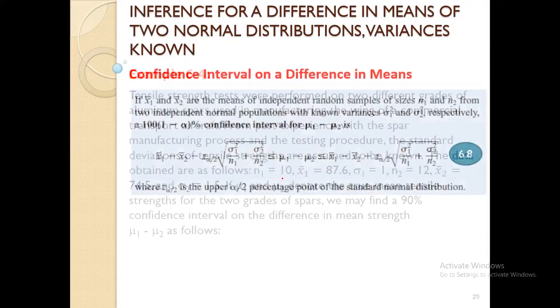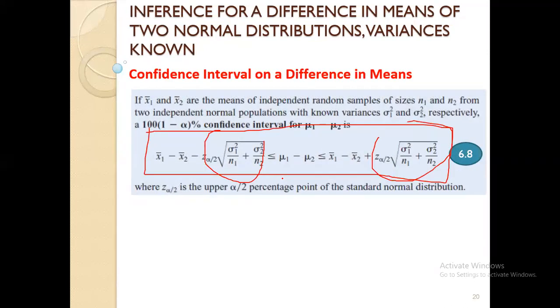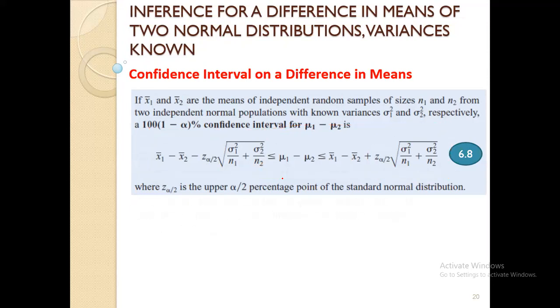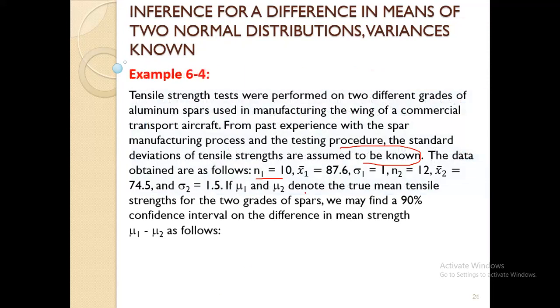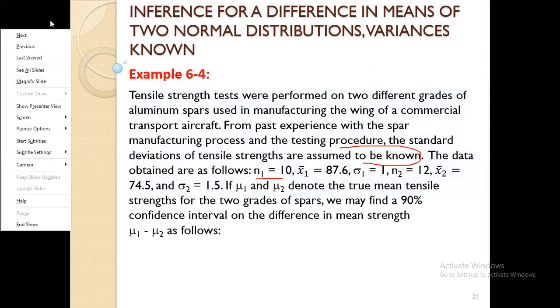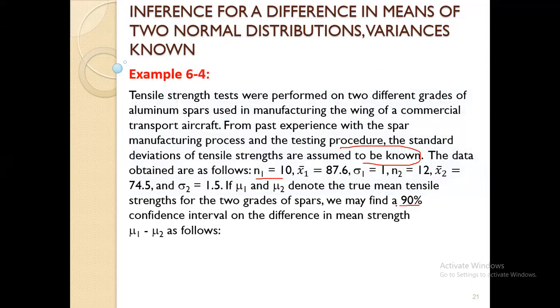You follow this formula and calculate z alpha over 2. For this case, we use alpha equal to 0.1, not 0.05, based on the 90% confidence interval.